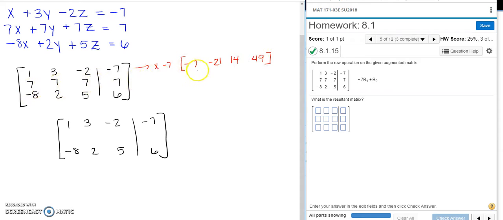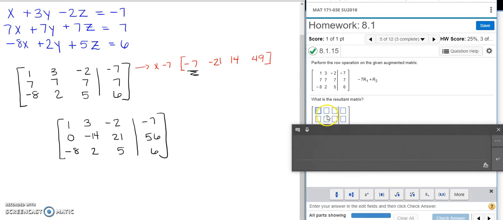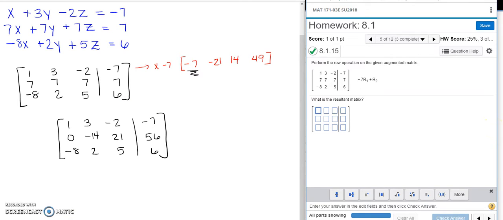So now I'm going to take -7 times row 1, which is this, and add it to row 2. So -7 plus 7 is 0. -21 plus 7 is -14. 14 plus 7 is 21. 49 plus 7 is 56. So the resulting matrix uses those values.